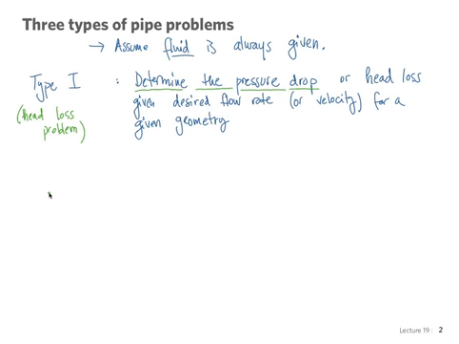So that's the problem we already solved in the previous class, but there's another possibility: what if we actually want to determine the flow rate for a given pressure difference? Suppose that you already have a pump that you know is going to give you so much pressure capacity, or perhaps it's a pressure-driven flow. The flow is driven by some elevation change, and so that's what you have. So you have to work with a given amount of pressure drop, and you want to know how much fluid you're going to be able to move.